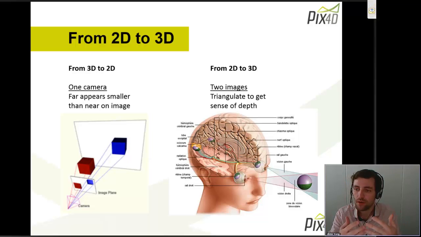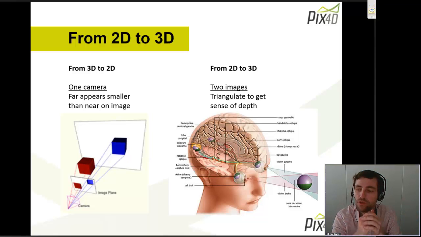When you take a picture with a camera, you are capturing the 3D world, but you are losing information. You're transforming 3D to 2D. Not only that, but things are changing in the picture. Objects which are very far away will appear very small, and objects very close to the camera center will appear very big.